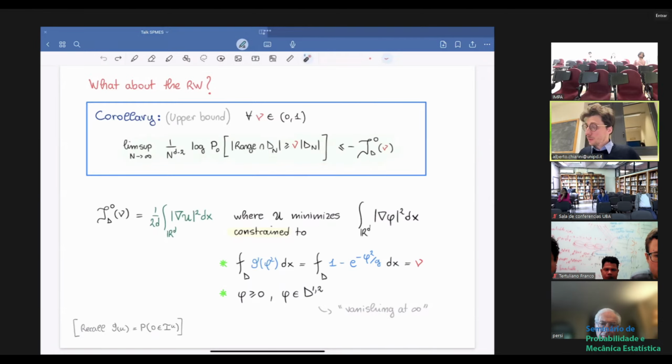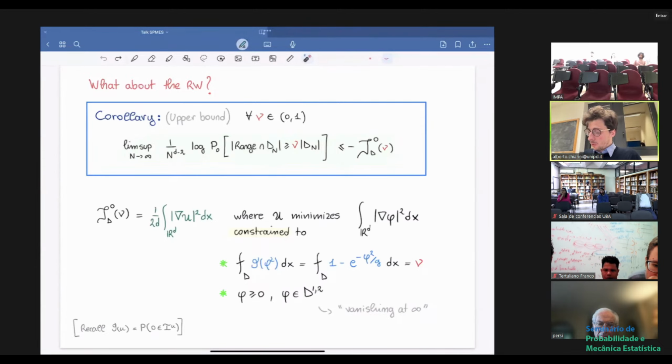And then we have this precise rate, where the rate is, again, coming from a variational problem: the smallest Dirichlet energy constrained to functions that are non-negative, that are in this space D^{1,2}, and such that the average over D of theta computed at phi squared is equal to nu.